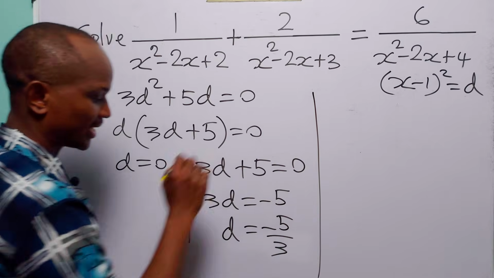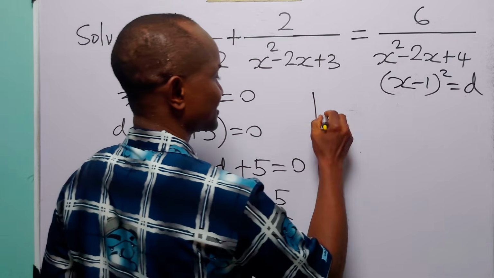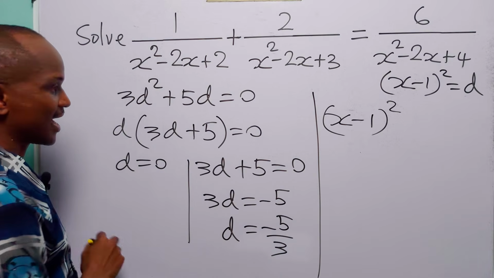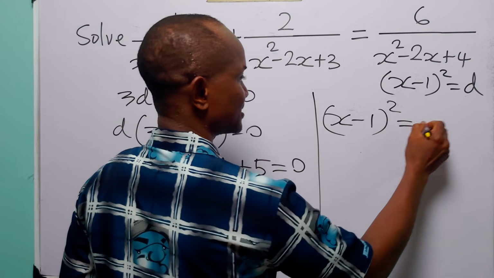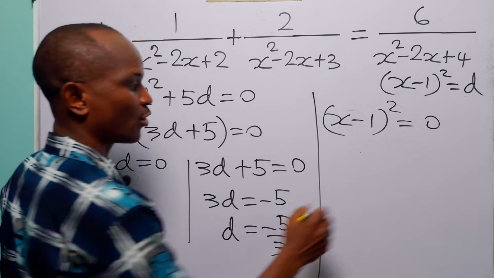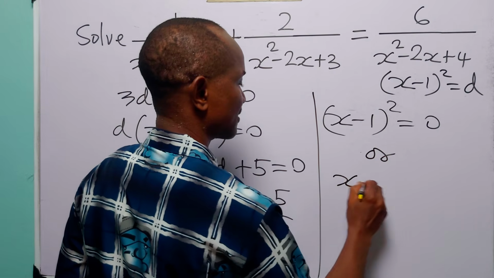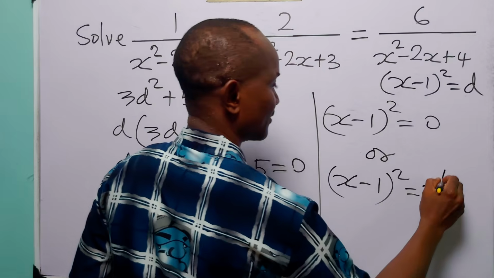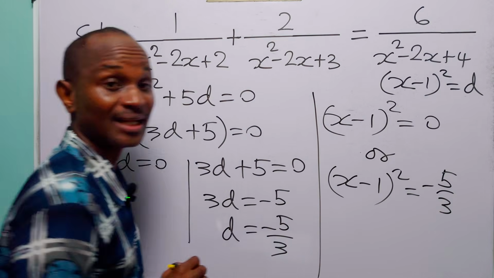But now let us not forget that d is x minus 1 squared. So what we have is that x minus 1 squared is equal to 0, or x minus 1 squared is equal to minus 5 over 3.